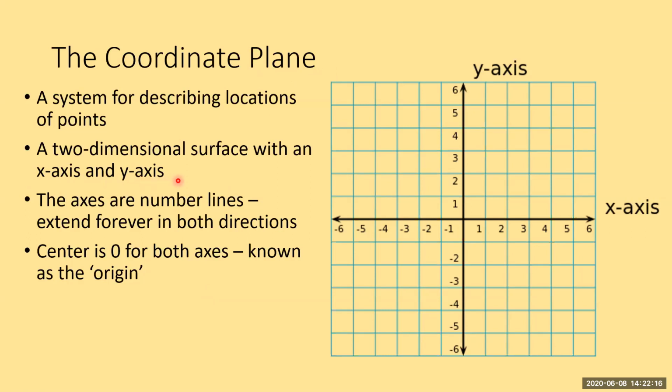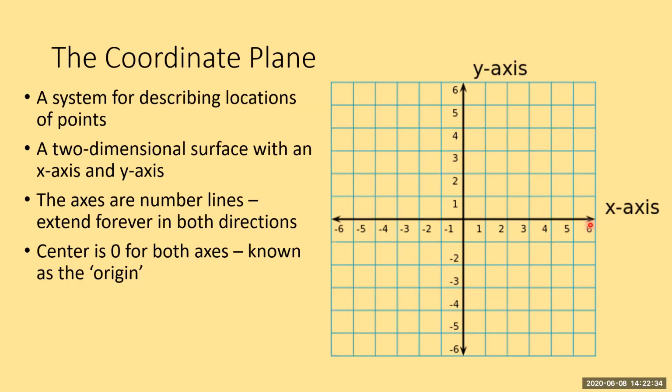These two axes, the plural of axis is axes, are number lines. We have a horizontal axis, a horizontal number line, and a vertical axis, a vertical number line.